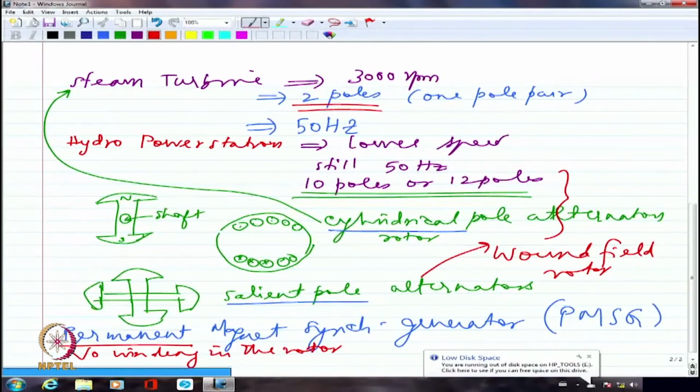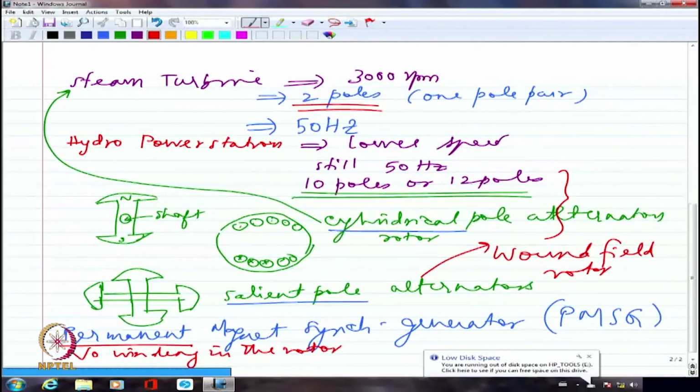So the entire world is having a lot of problems with the purchase of permanent magnets, and a monopoly is held by China, because of which they can raise the price to any extent they want. So we are really finding it difficult to construct permanent magnet machines. Otherwise, permanent magnet machines are really good in terms of not having any winding, although they don't have much control over the excitation. Right?